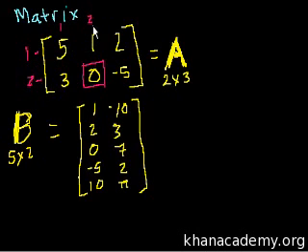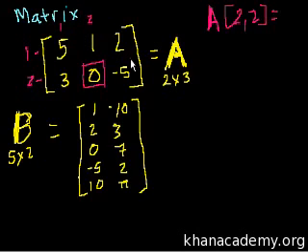So it's in the second row, second column. So sometimes people will write A, 2, 2 is equal to 0. Or sometimes they'll write a lowercase a, 2, 2 is equal to 0.